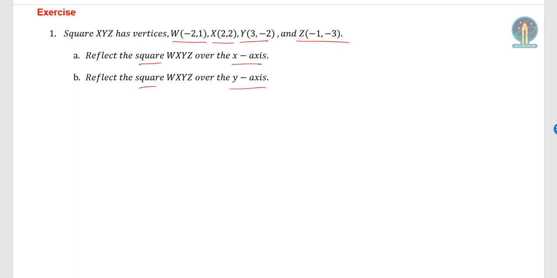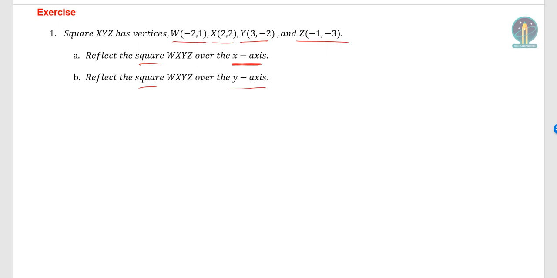You are welcome to draw this so you can better visualize it if you are a visual person. But again, you don't really have to. You just have to remember that to carry out a reflection over a certain axis, you keep one of the coordinates the same, and then you multiply the other coordinate by -1, depending on which axis you are reflecting over.